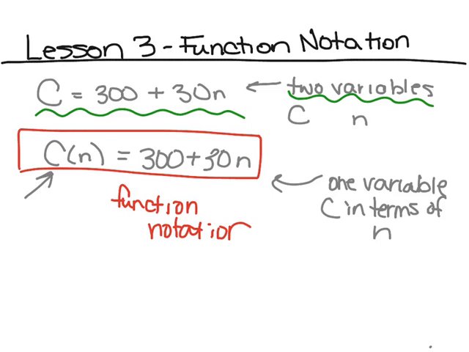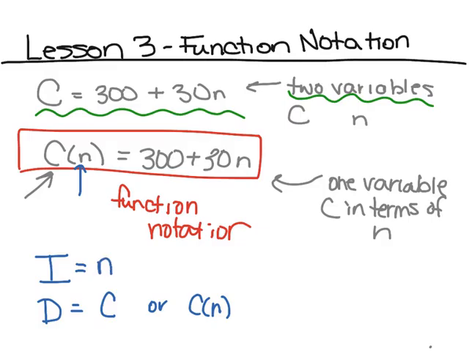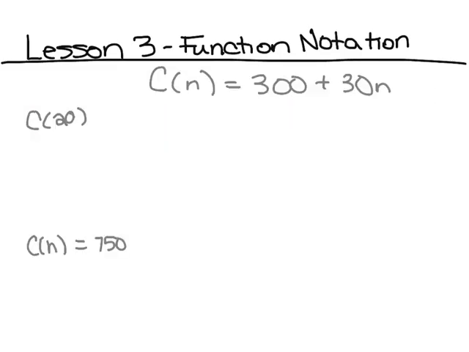Now we want to be very clear about what our independent and our dependent values are. Our dependent value is dependent on what n is. So c, or c of n, is the dependent, meaning n is our independent. We always put our independent variable inside the brackets. So we're going to evaluate now.